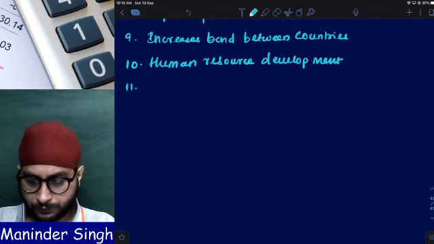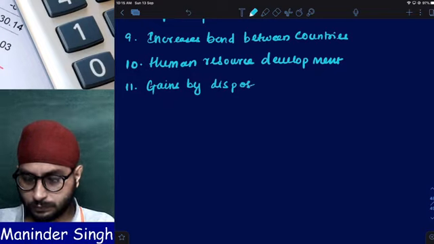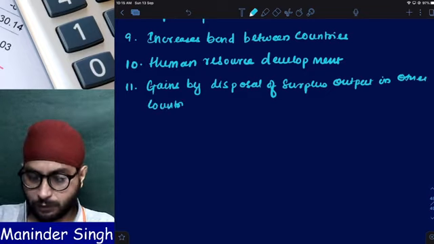Next, number 11. Gains by disposal of surplus output in other countries. I have already explained this.